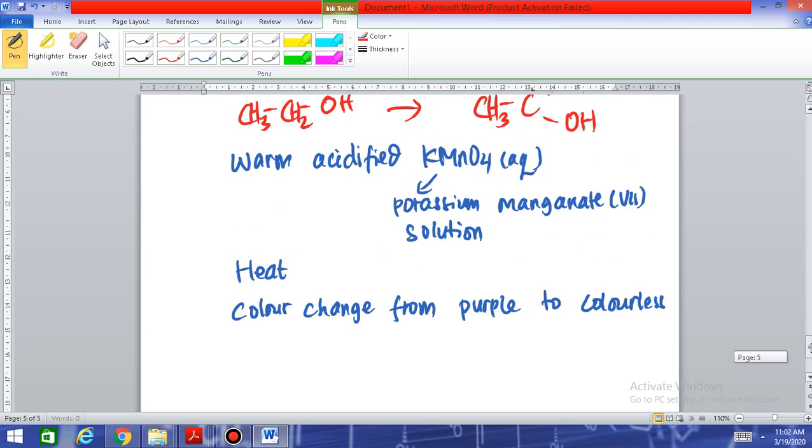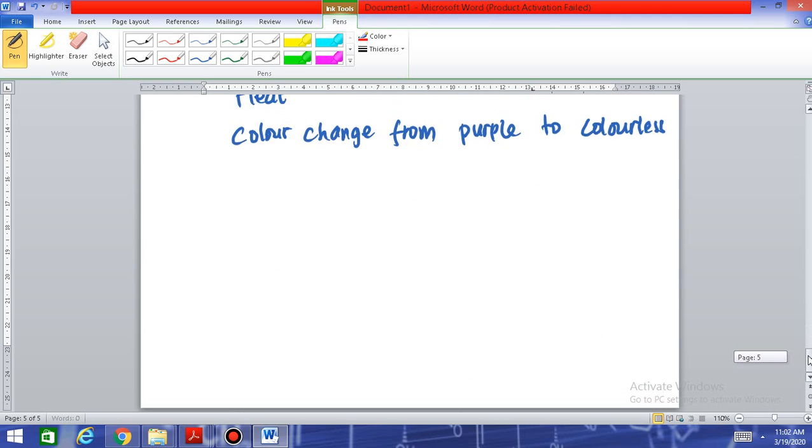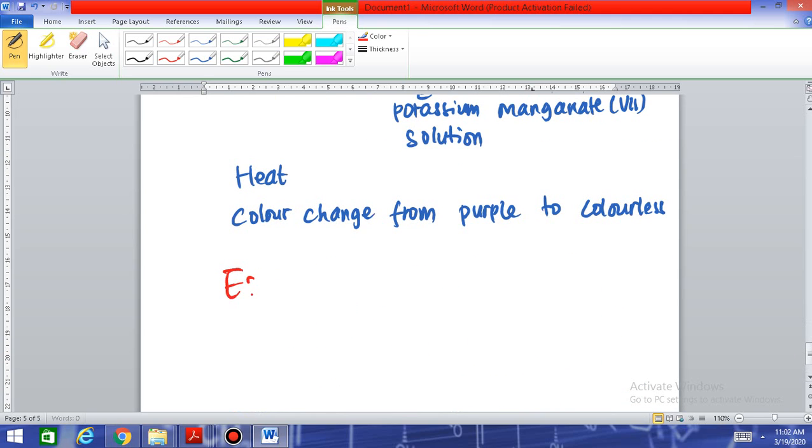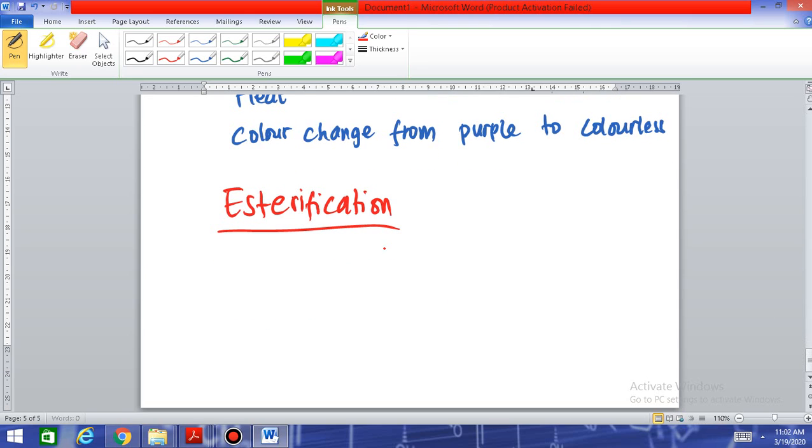Okay, next, esterification. Esterification is the formation of ester.